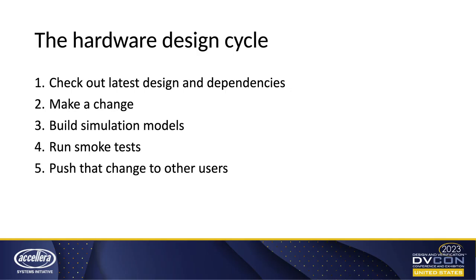Most design and design verification engineers have the same loop that we run through every day, multiple times a day. We check out the latest design and dependencies. We make a change. Management then mandates that we build and run some smoke tests before pushing, and then we push that change to other users, right?